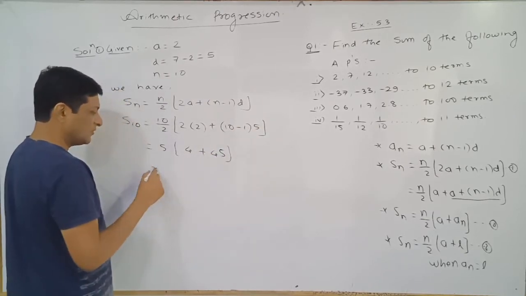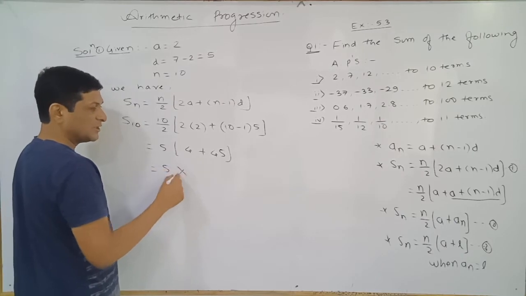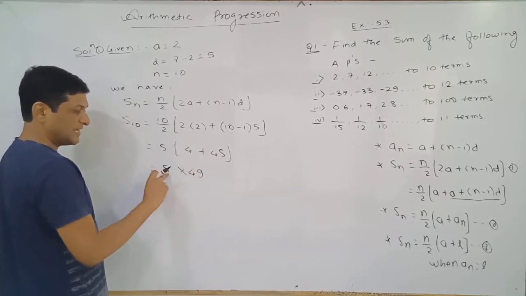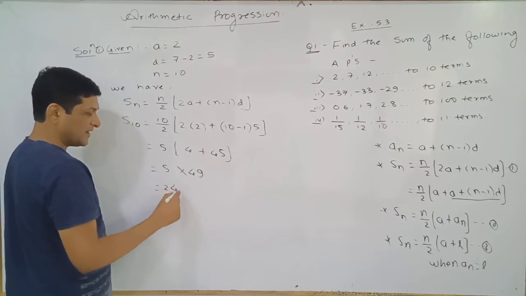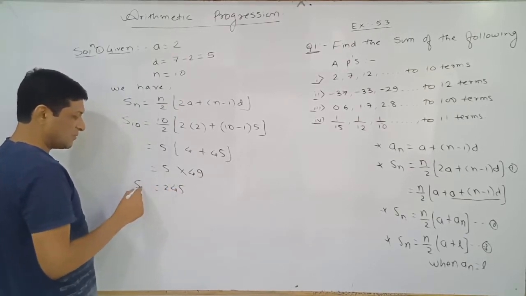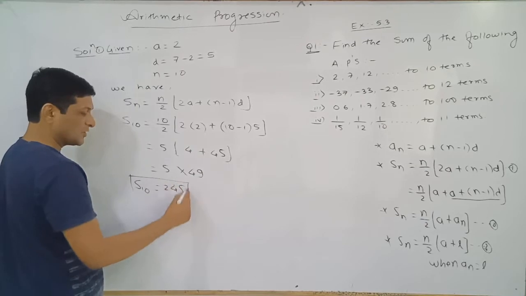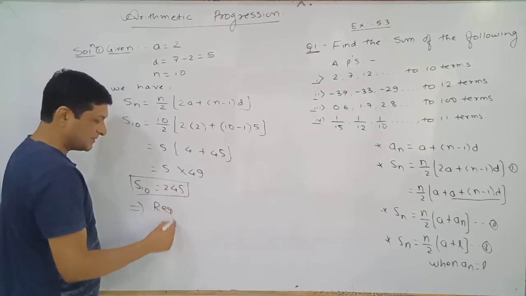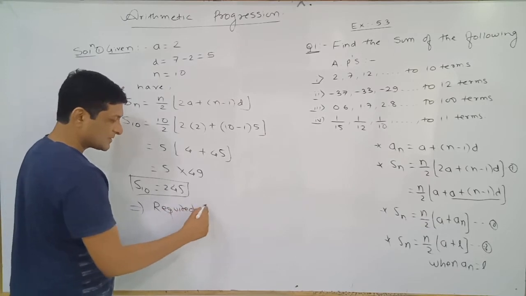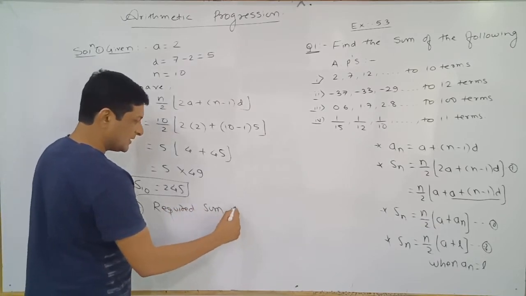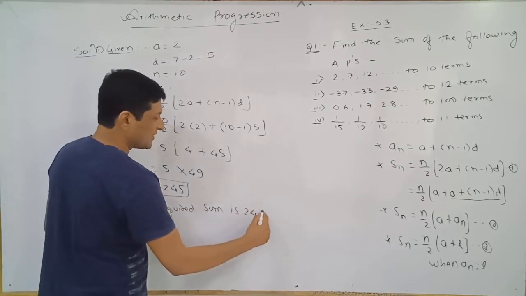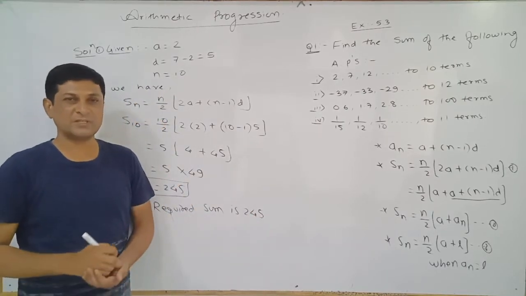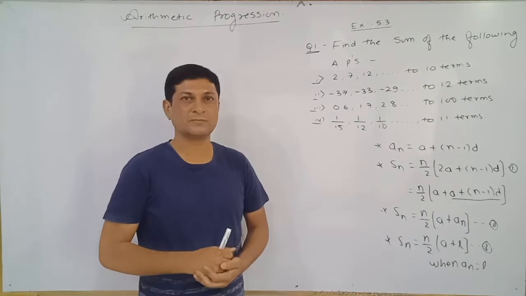So this equals 5, keep it as it is, into 45 plus 4 is equal to 49 and 49 5s are 245. So in this way the sum of 10 terms in this arithmetic progression is 245. That's why we can say that the required sum is 245.